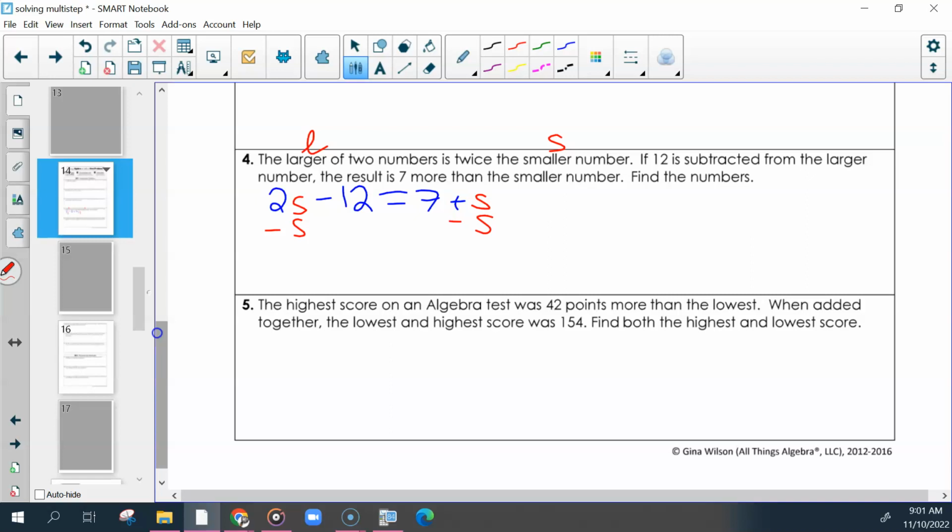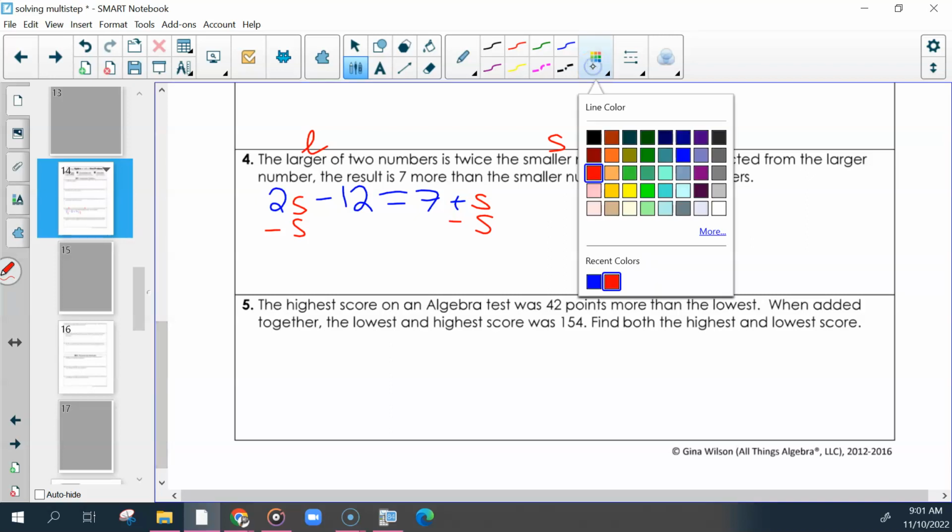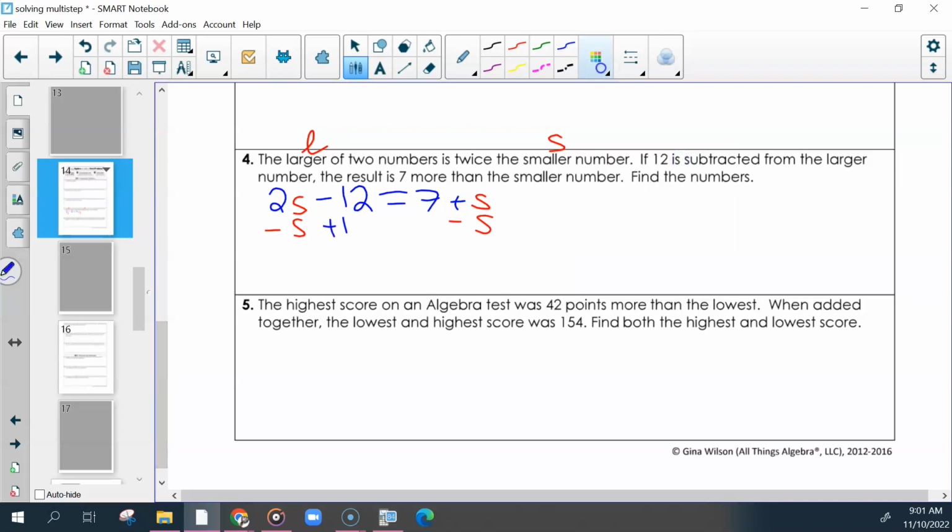The 12. So 2s minus s would give us 1s. The 12s would cancel. And then we have equals 19.